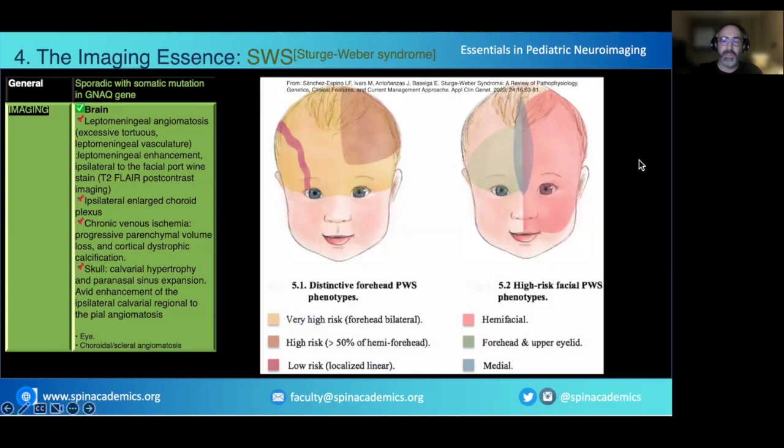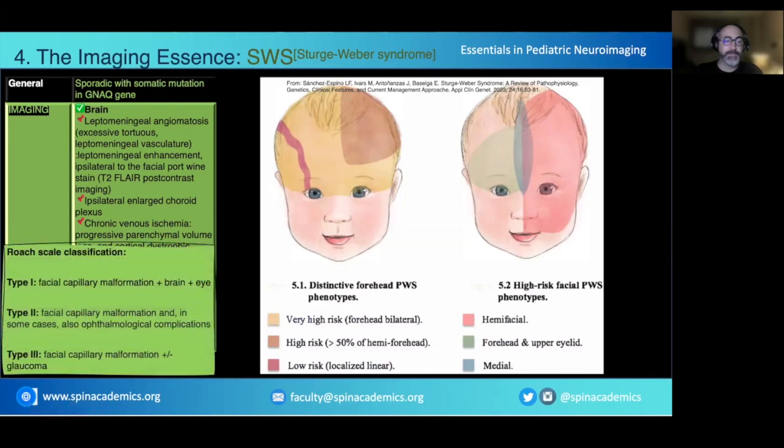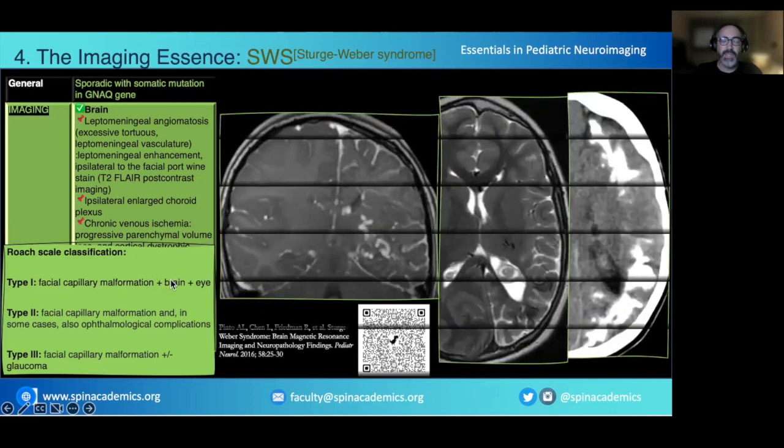You see here this scheme, which is, the wider, the higher probability that you would have also Sturge-Weber syndrome. There are 3 types depending on the probabilities of having ophthalmological complications, and if there's a facial capillary malformation affecting brain, eye, or both, so 3 types.